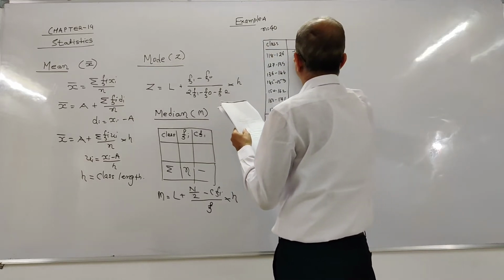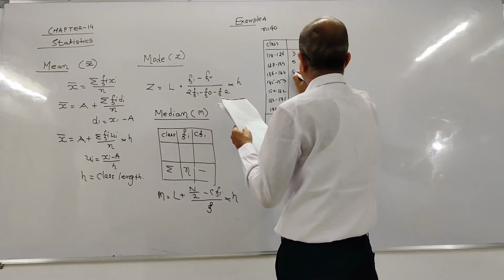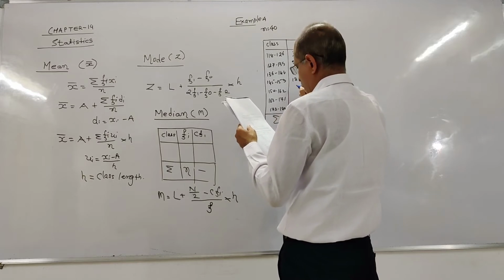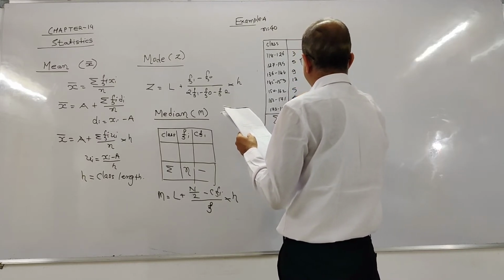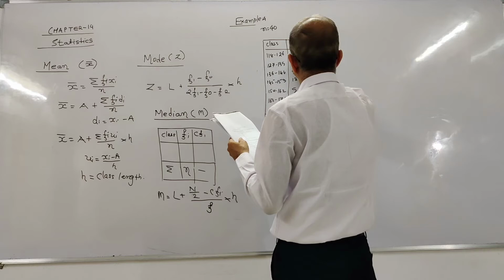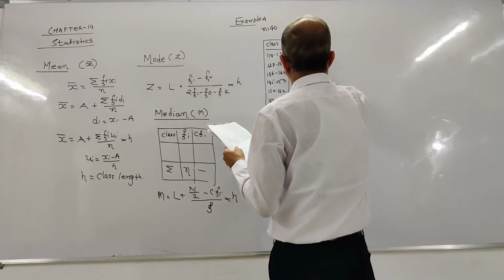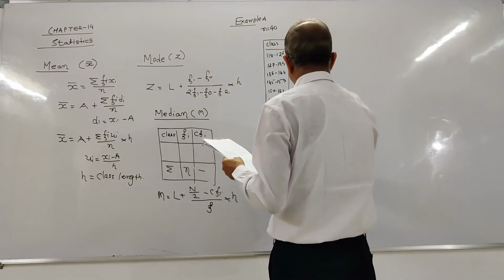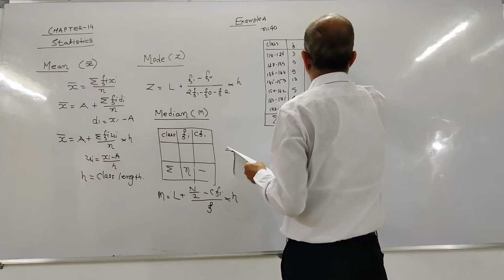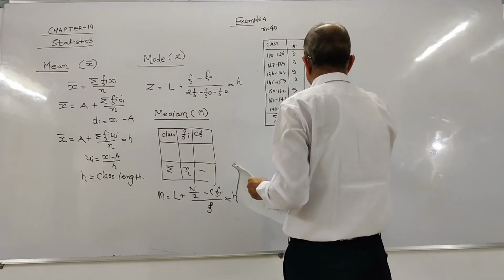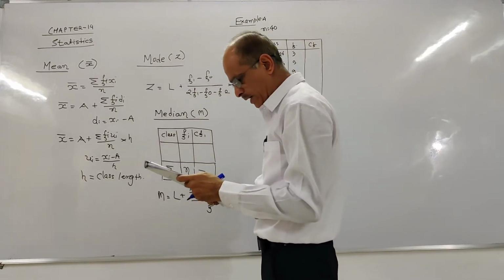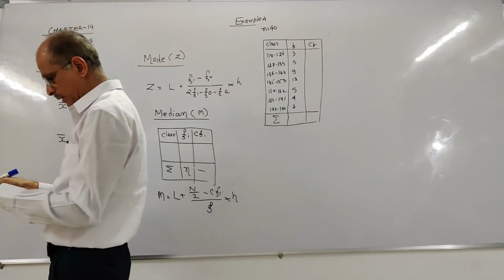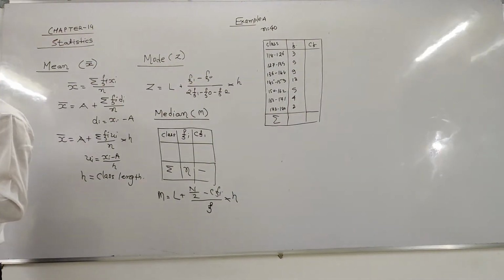Frequencies are also given to you: 3, 5, 9, 12, 5, 4 and 2. This is frequency. You know, to find out the median, you have to find out one another column, and that is CFI. The question is: find the median length of leaves.